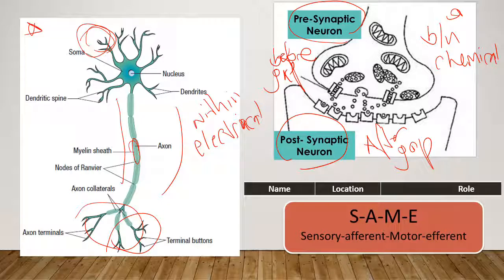If we're talking between, obviously we're talking about the axon terminal of the presynaptic neuron, the synaptic gap, and the dendritic spine, or the receptors on the dendritic spine of the postsynaptic neuron. If you're unsure of that process, just make sure that you are able to label and draw the diagram, and that's actually going to help you conceptualize all the main structures and what points that you should be hitting.